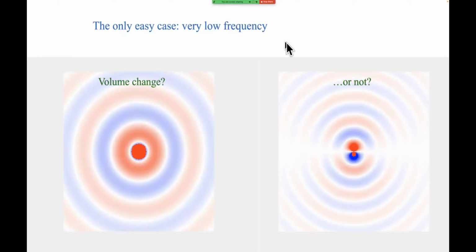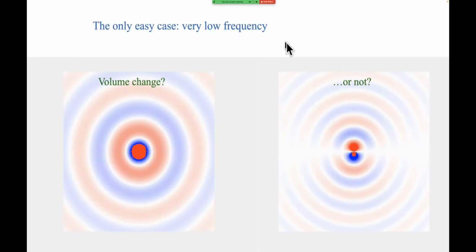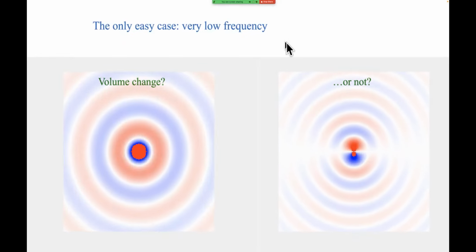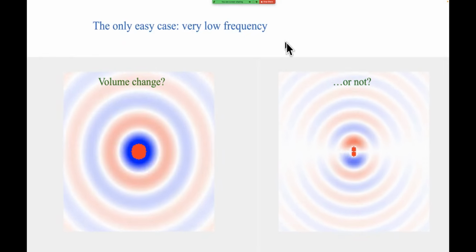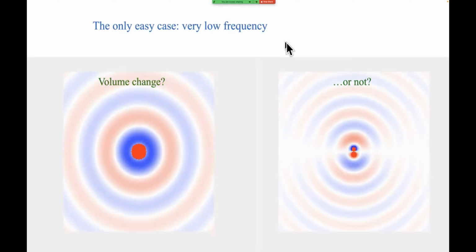So what we can do is look at the low frequency vibration modes of our violin body, for example, and low frequency means we're down in the range of those signature modes that we saw in earlier talks. And we look at each mode and say, is there net change of volume or is there not? And that'll be the thing that determines how efficient the sound radiator is.